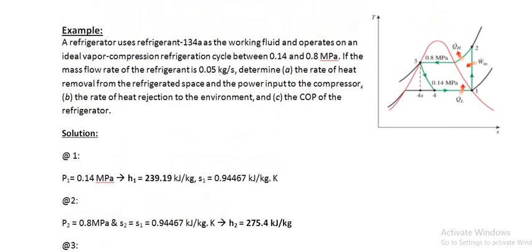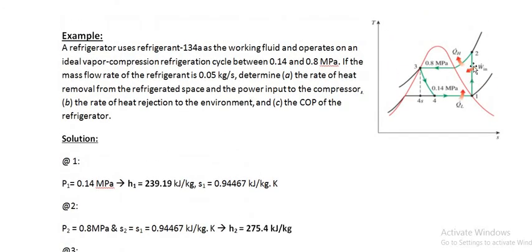So this is the ideal coefficient of performance for these particular conditions. If we had the actual cycle, in which we would have entropy generation in the 1 to 2 process and pressure losses in processes 2 to 3 and 4 to 1, this coefficient of performance would have dropped quite significantly.